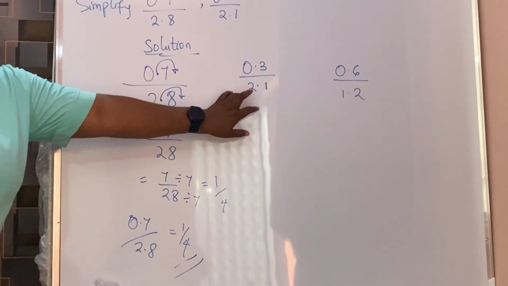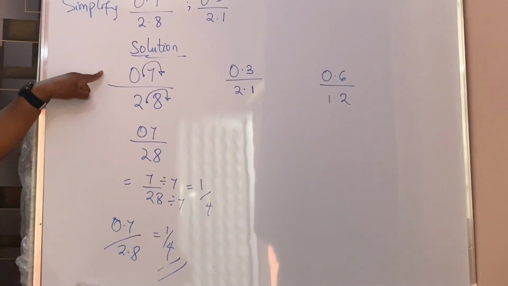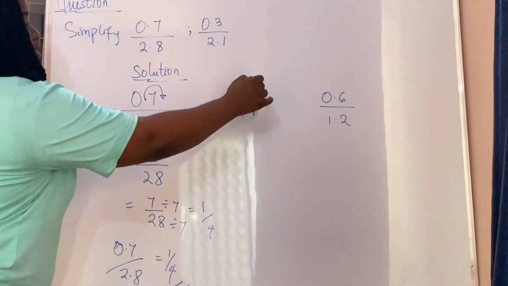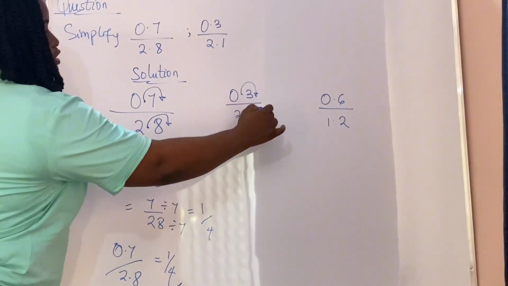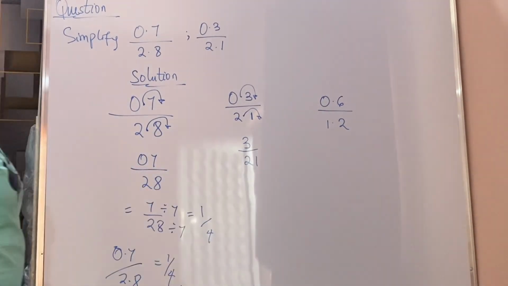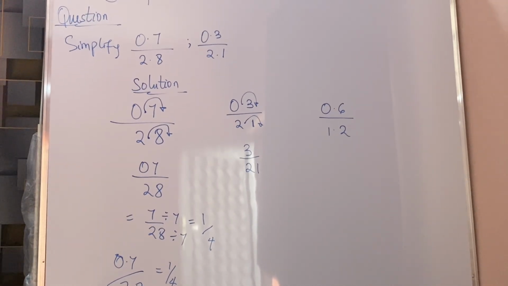We're going to use the same method for this because this question is similar to the first one. So here we just need to move this to this point and this to this point so that we now have 3 over 21. 3 over 21 is a proper fraction that can be reduced to the lowest term.